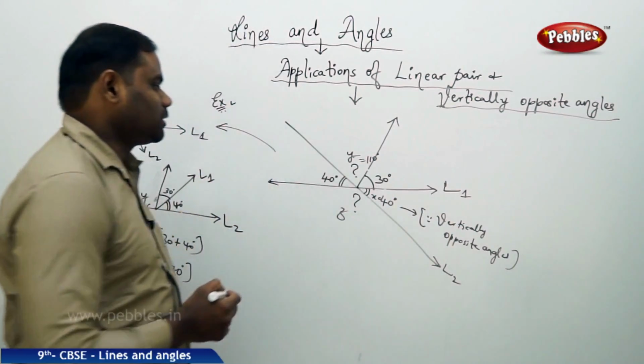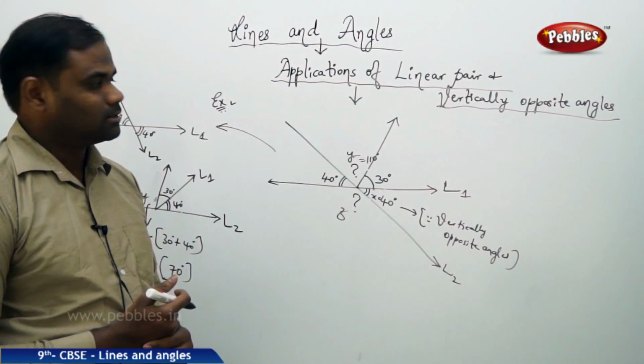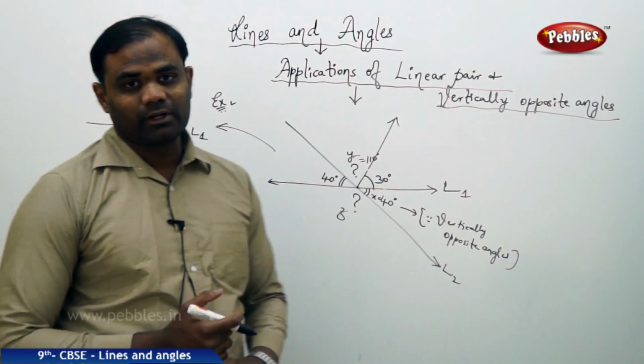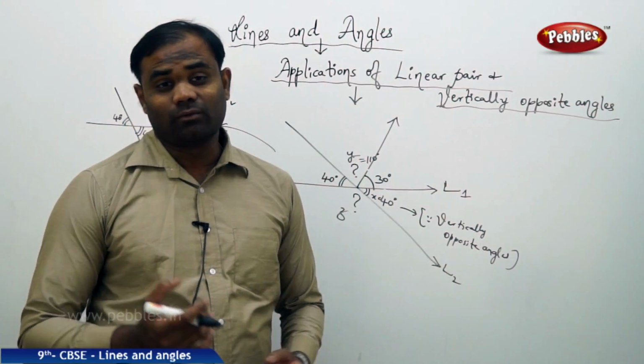Now that I have found each of the angles, the question comes on how to find z. So let's see how we can find angle z, continued from angle x and angle y.